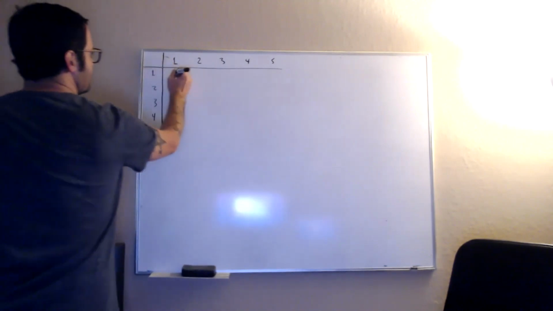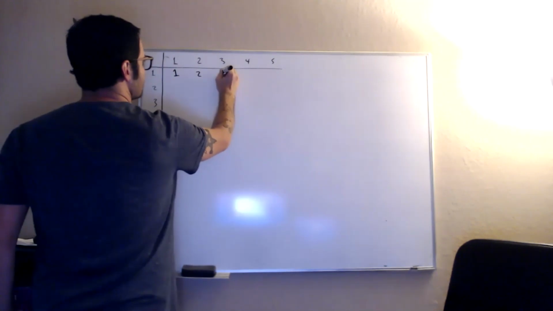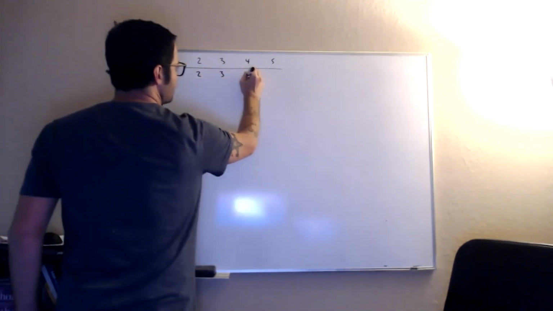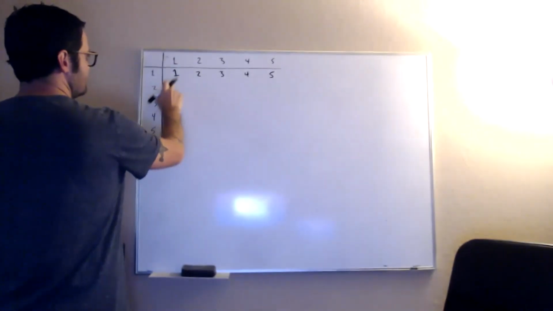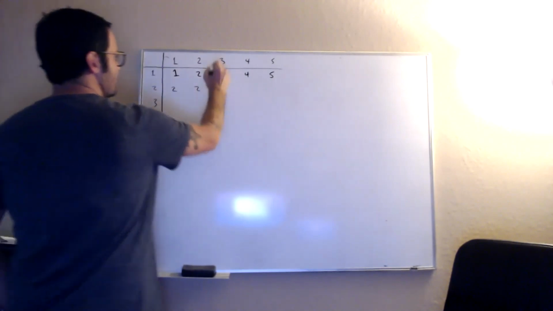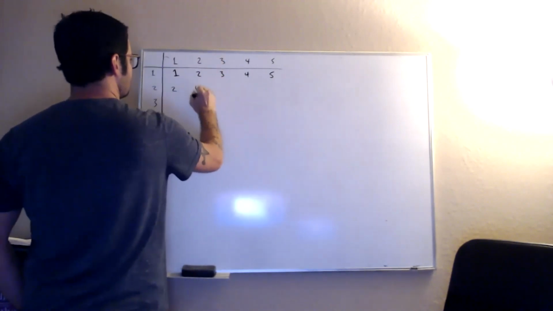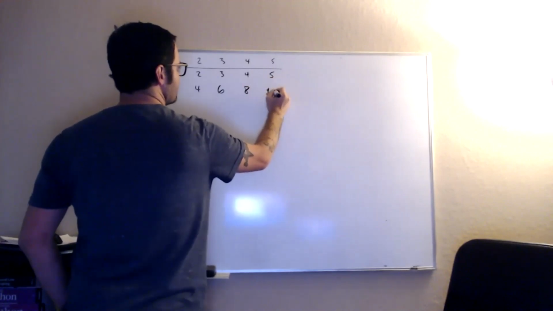So this is 1 times 1, 1 times 2, 1 times 3, 1 times 4, 1 times 5. And then here this would be 2 times 1, 2 times 2, 2 times 3, 2 times 4, and then 2 times 5.